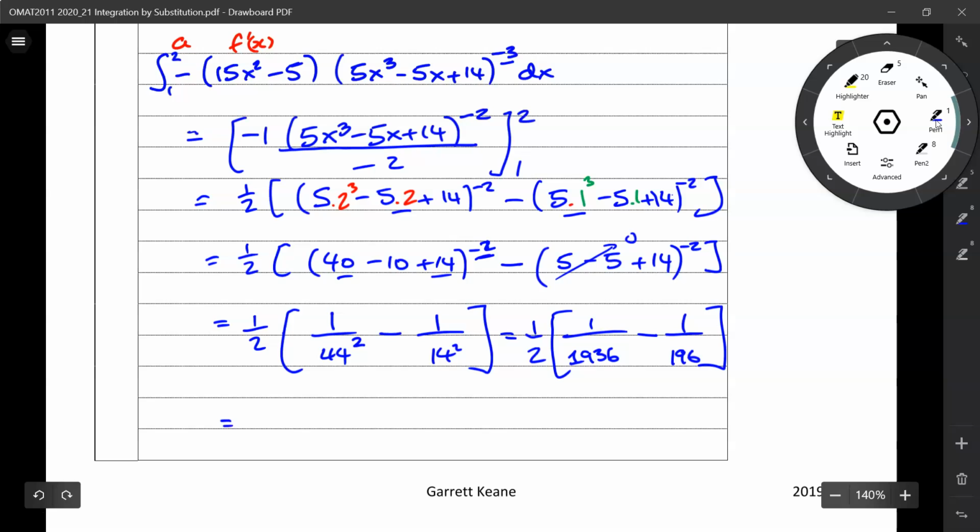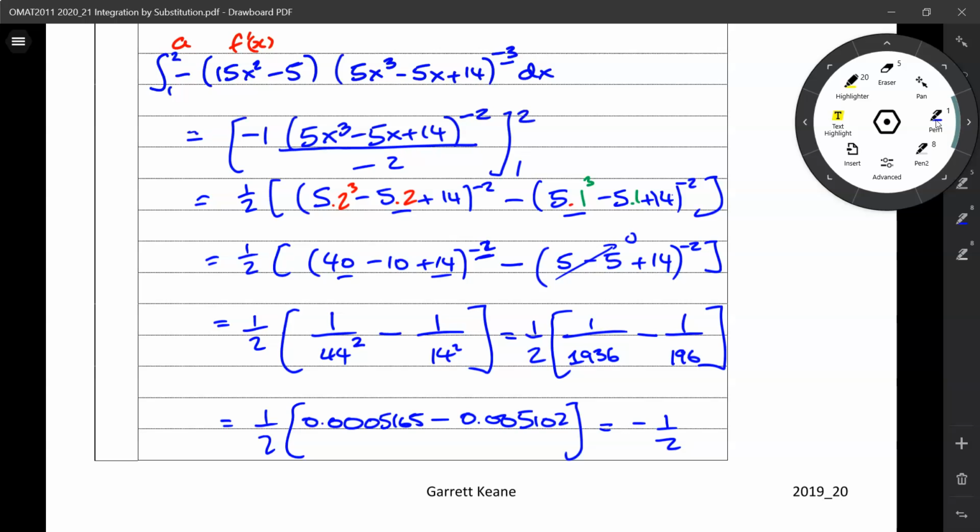So if I evaluate this, we get 1 over 2 times 1 divided by 1,936, which is 0.0005165, minus 1 divided by 196, which is 0.005102.